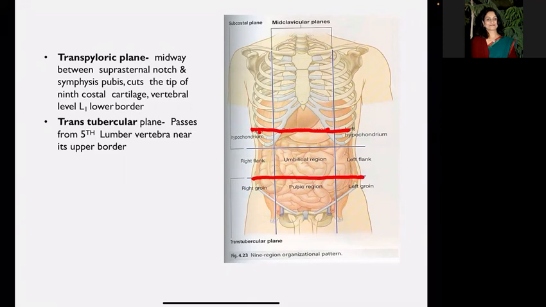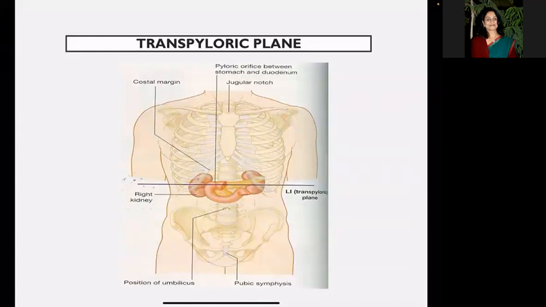The subcostal plane is drawn just at the lower level of the costal margin, and the transtubercular plane is drawn from the tubercles of the iliac crest.